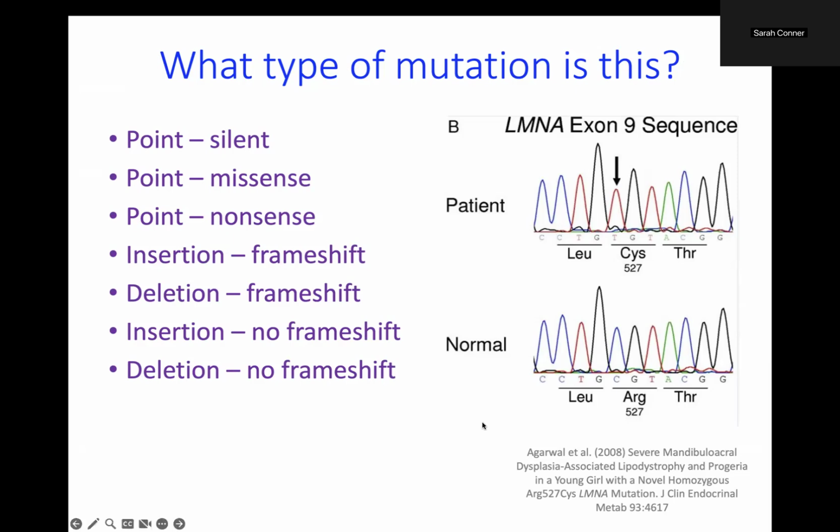So hopefully you realize that this is a point missense mutation. The point is that there is just one nucleotide changed here, this first one, the C. Now, again, these are the DNA structure, but remember we'd have to transfer this over to RNA.